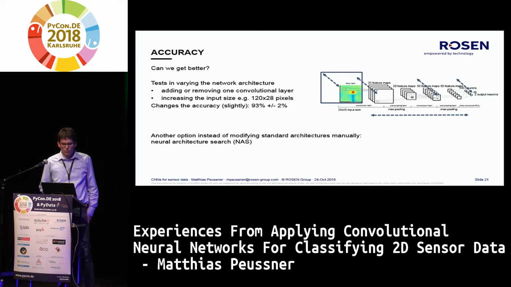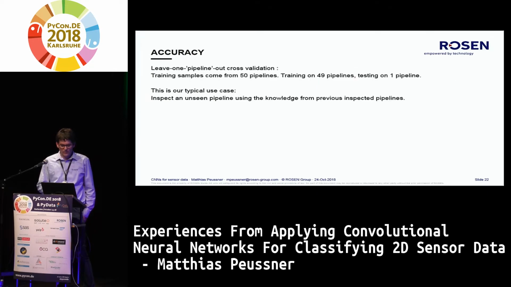And what I more or less got is slight changes in the accuracy. So I didn't get very far. Of course, there are other possibilities to change your architecture. Maybe there are also automated versions now, neural architecture search, that you can use for creating your own architectures.